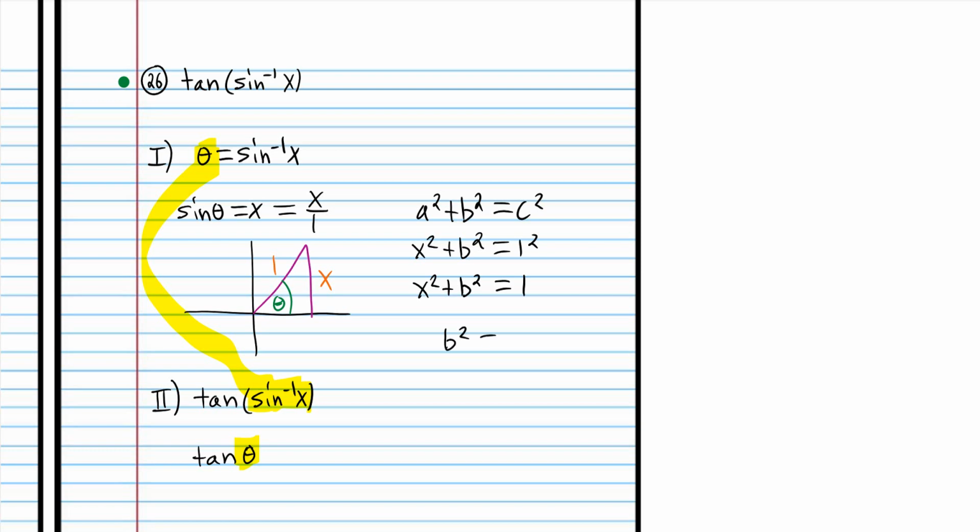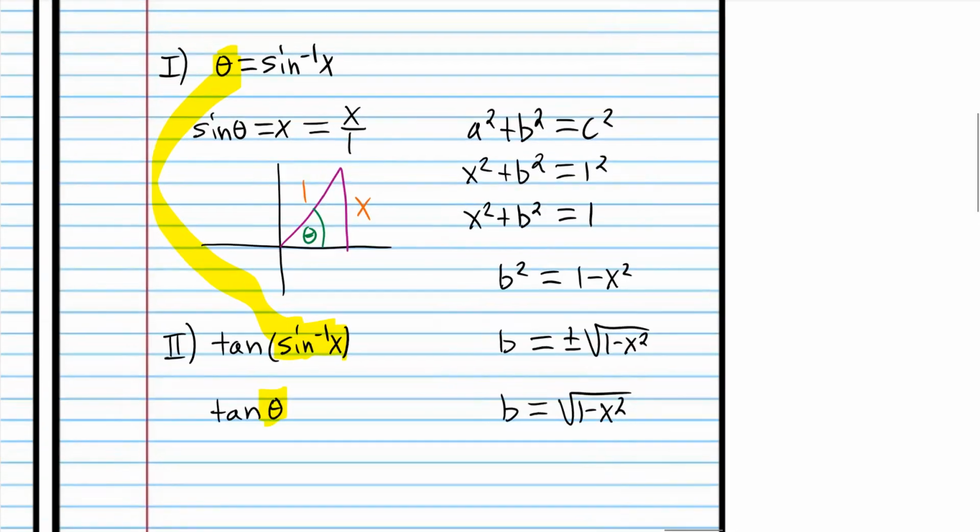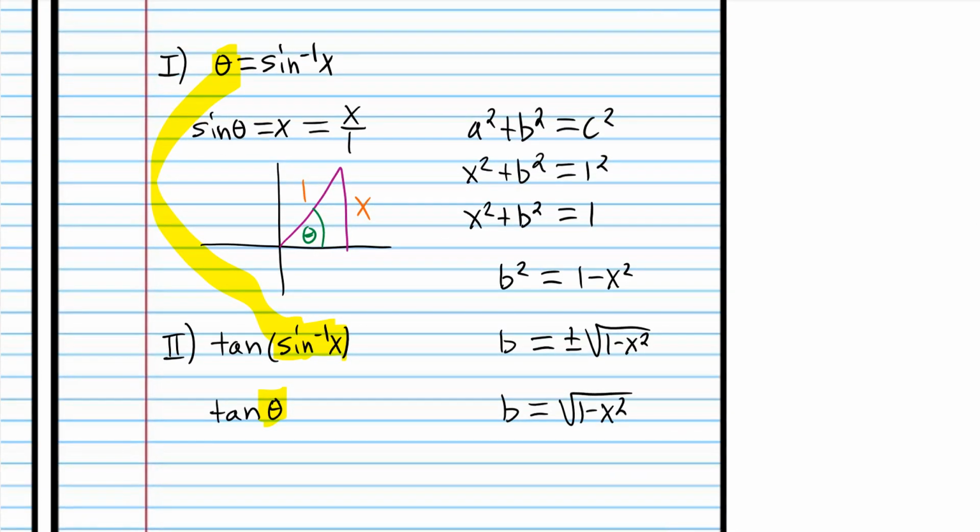And we're going to subtract x squared from both sides, and then we're going to square root both sides, so we get plus or minus root 1 minus x squared. And we know that b has to be positive, because again the triangle is in the first quadrant, so this side must be positive.